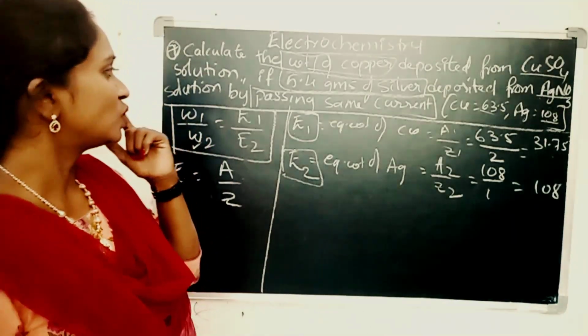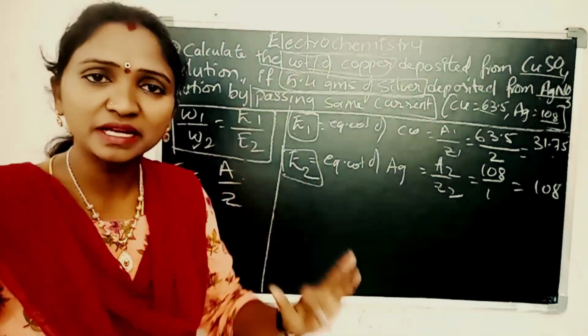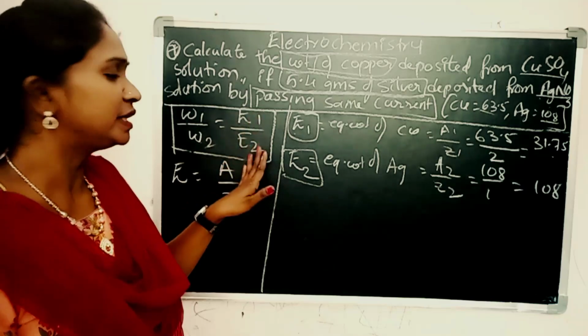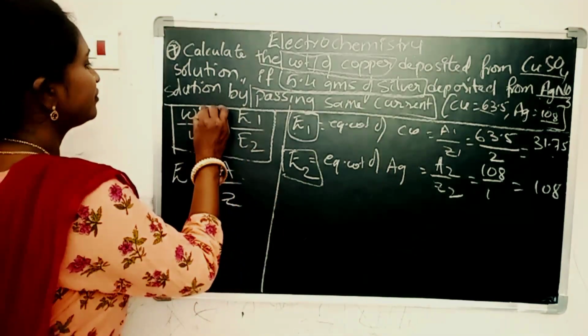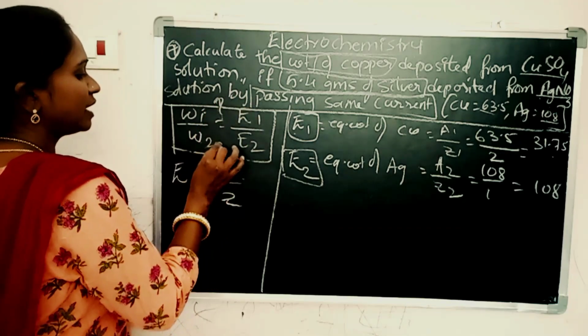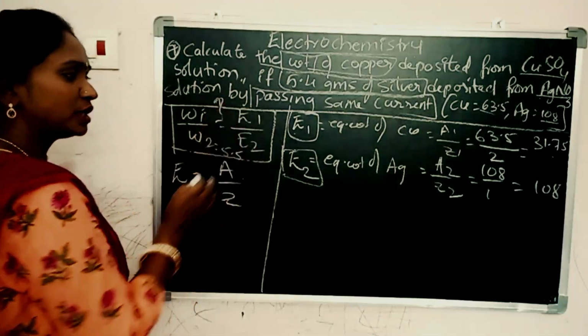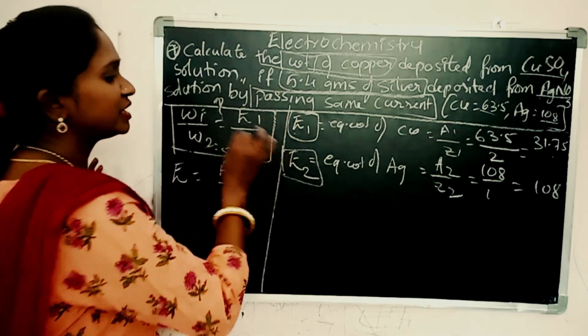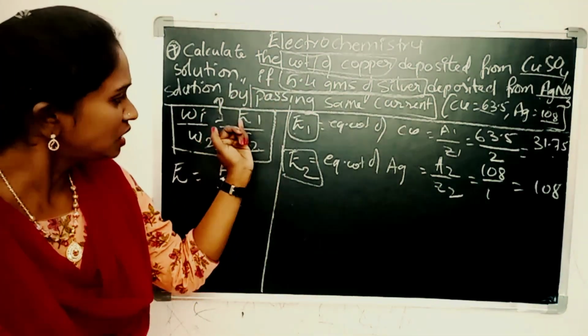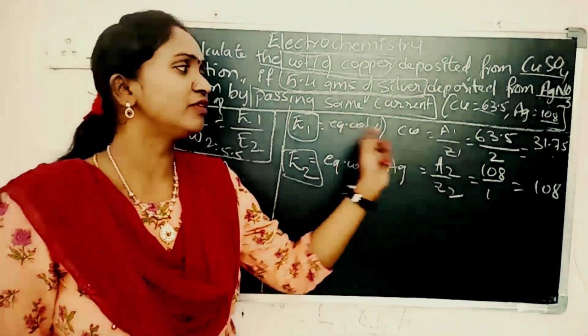By passing the same current, W1 by W2 equal to E1 by E2. So if W1 is copper, we have to calculate it, and W2 is 5.4 here. Then what is E1 and E2? W1 is the weight of copper, so E1 is the equivalent weight of copper.